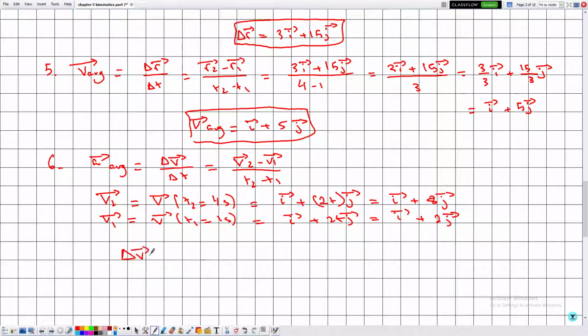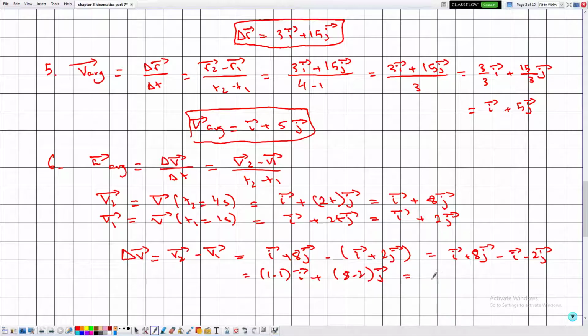Delta v is equal to v2 minus v1, which is equal to i plus 8j minus i plus 2j, which is equal to i plus 8j minus i minus 2j. Now taking i as a common factor, we have 1 minus 1 multiplied by the unit vector i plus 8 minus 2 multiplied by the unit vector j. In this case 0i.